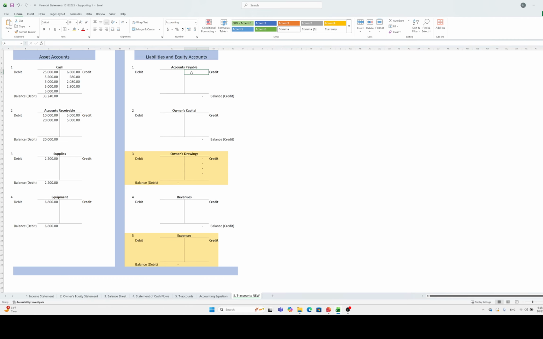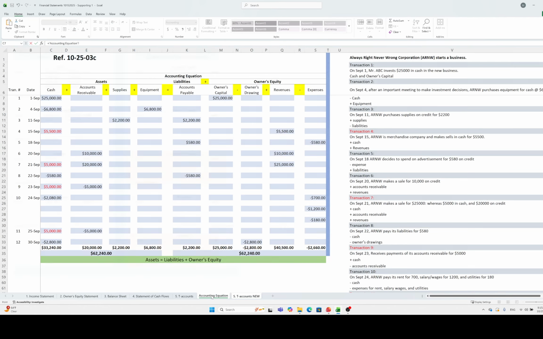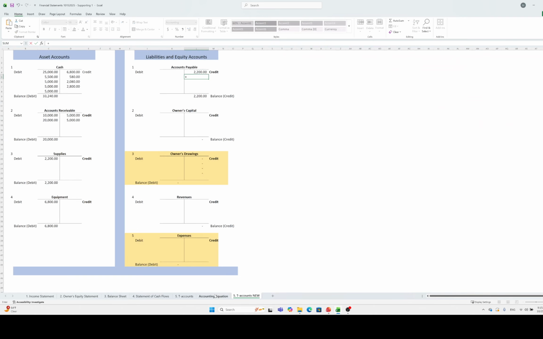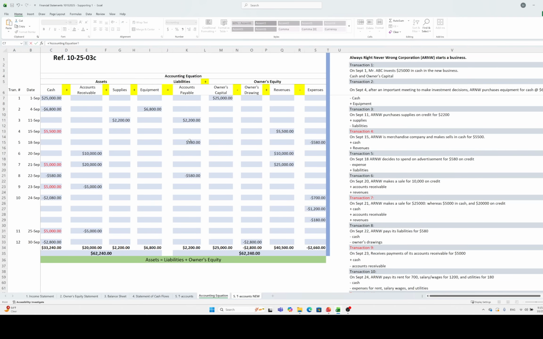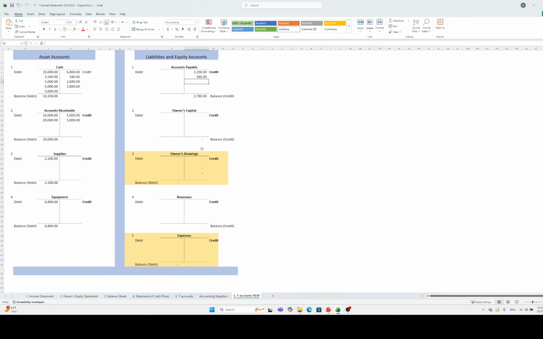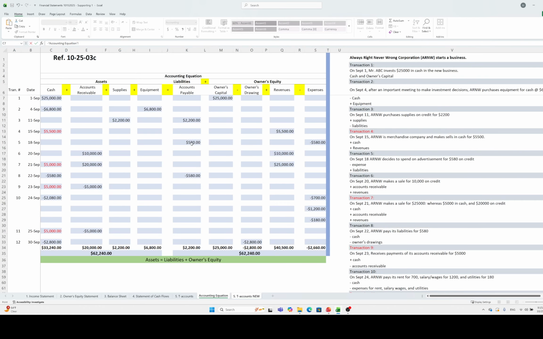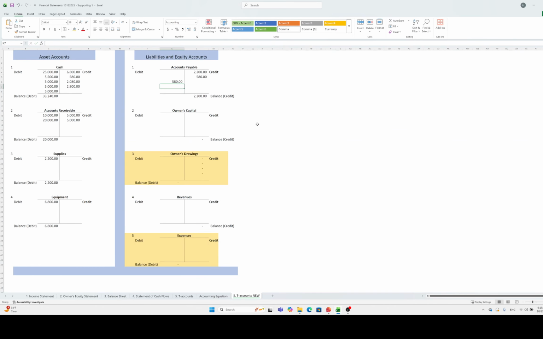So credit, we bring the positive value on the credit side, and then the negative values on the debit side. So this gives us a balance of $2,200.